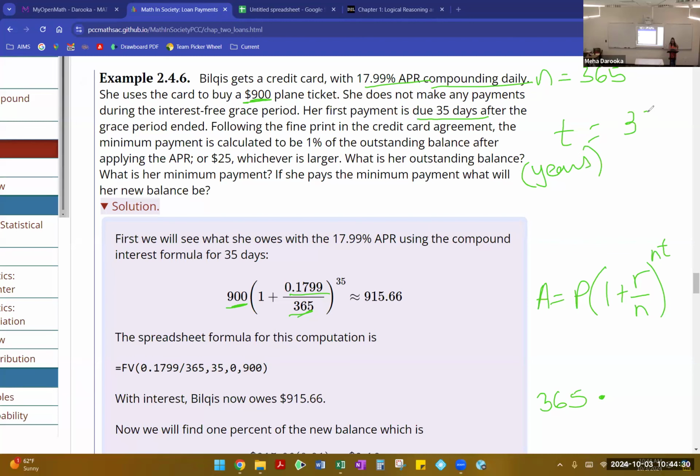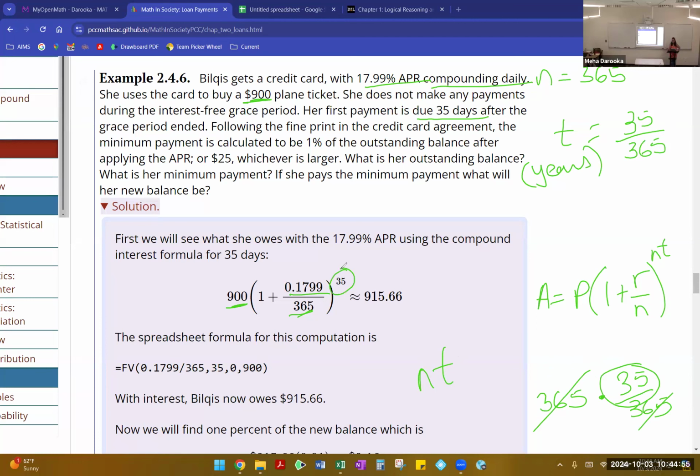So if you had to take 35 days and convert it into a year, you would do 35 divided by 365. So now think about it: if you are doing N times T, N is 365 and T is 35 over 365. The 365s cancel each other out and you're left with just the value of 35. So that's why your exponent is only 35.